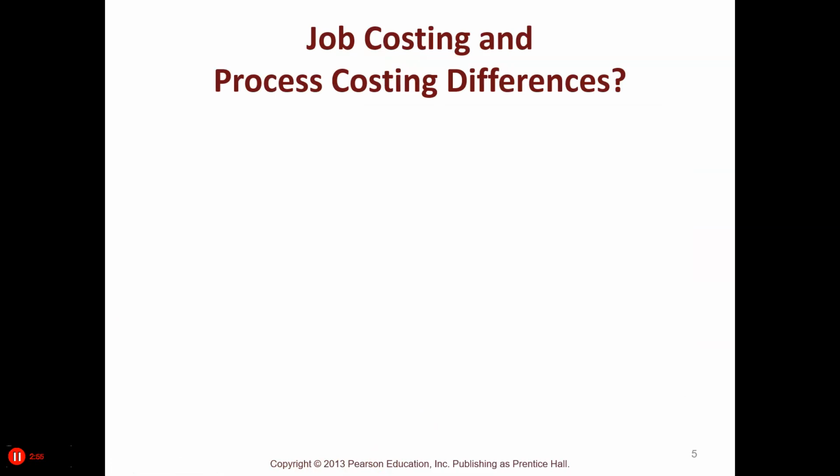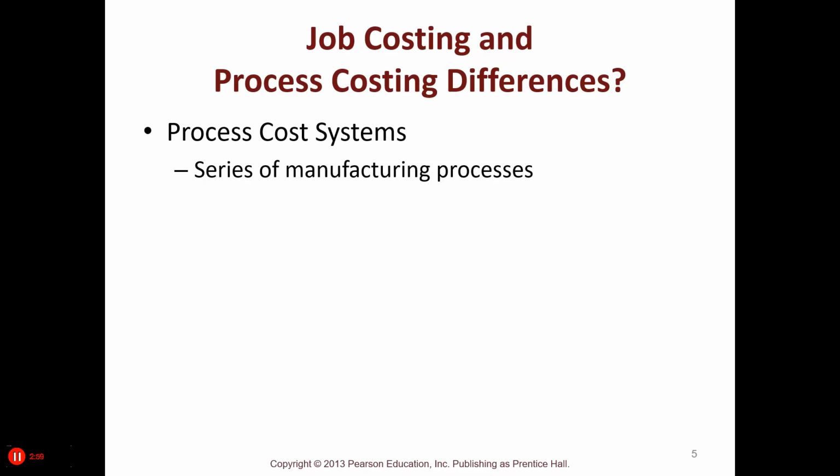Now, process costing. Process cost systems is a series of manufacturing processes. One might be finishing, one might be like, for instance, if it's a car, it could be making the motor, then making the frame, then attaching the motor and the frame, then doing the painting. These would all be processes.